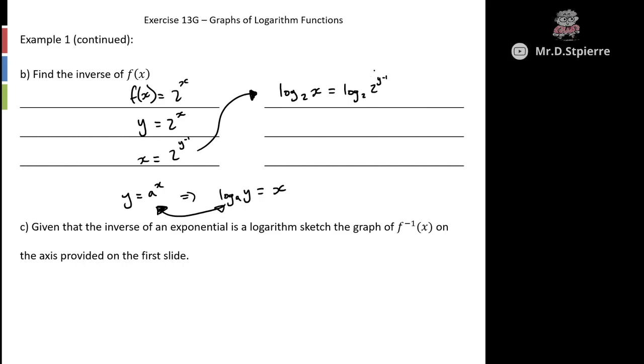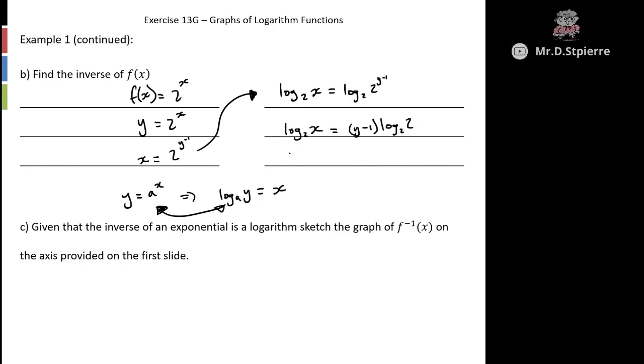Now, using log law, we can take the y to the -1 out the front, so we get log base 2 of x is equal to y to the -1 times log base 2 of 2. Now log base 2 of 2 is asking 2 to the power of what gives me 2?